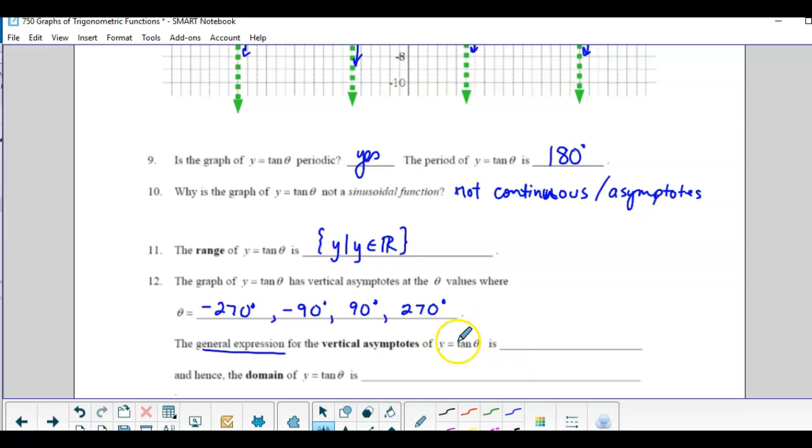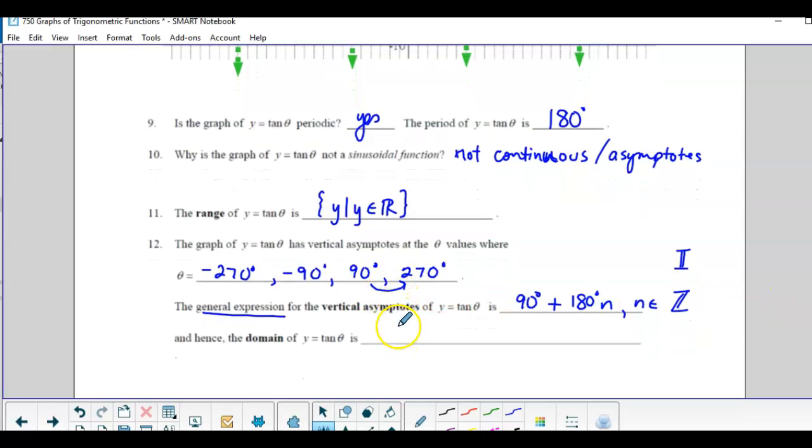So general expression, I always look for the first positive, which is 90, and then what do we keep adding? We keep adding 180 or subtracting. So that's where we add 180 degrees times n, where n is an element of the set of integers. So for IB language, we use the Z. For normal Alberta, we use the I.